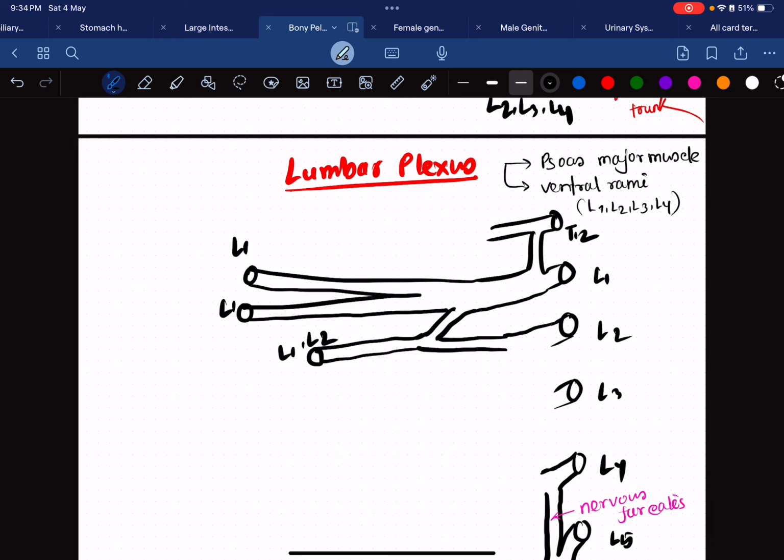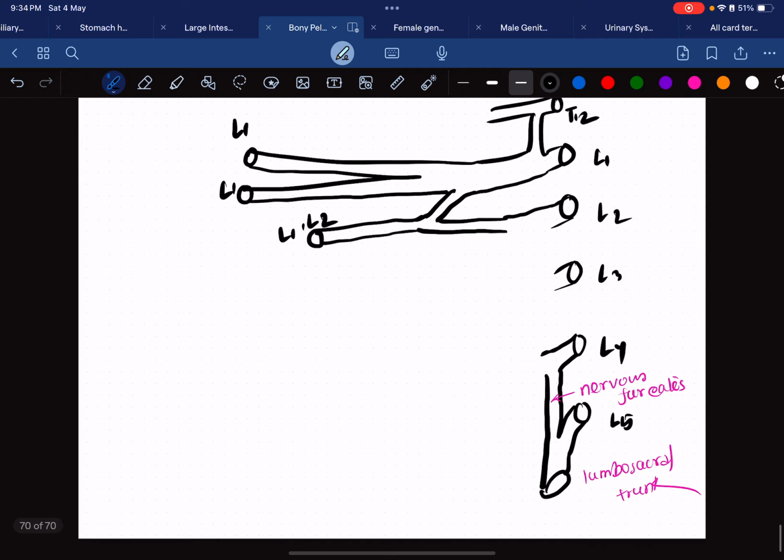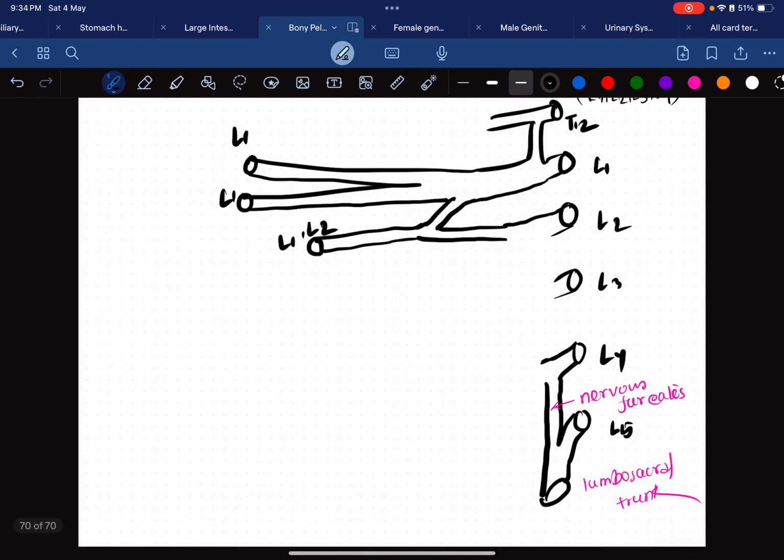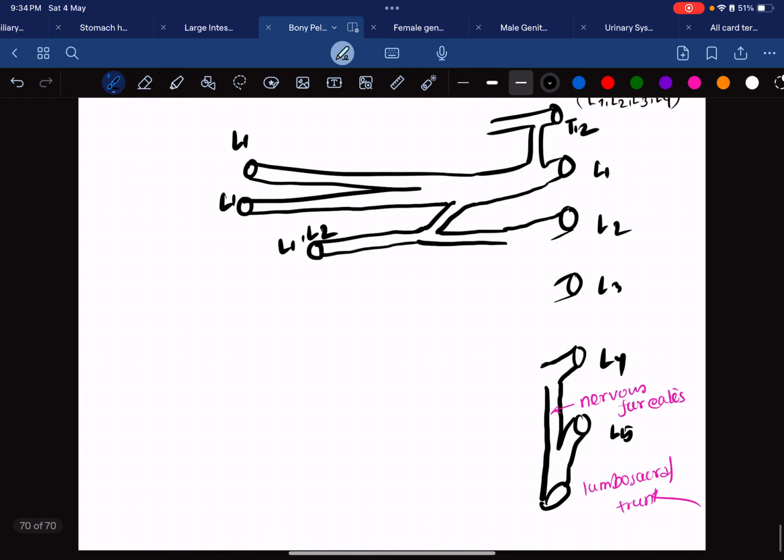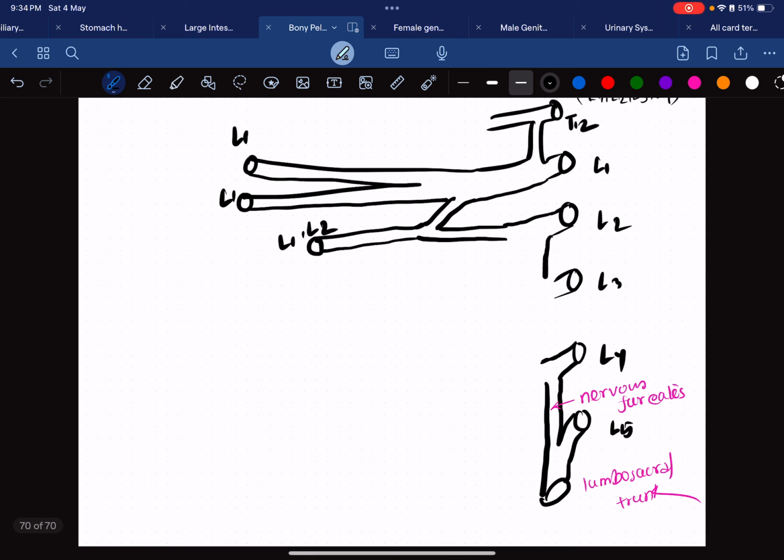Now there's a nerve which has lumbar 2 and 3 both. But before that, we'll form the obturator nerve. The obturator nerve receives the ventral branches of the ventral rami of lumbar 2, lumbar 3 and lumbar 4.